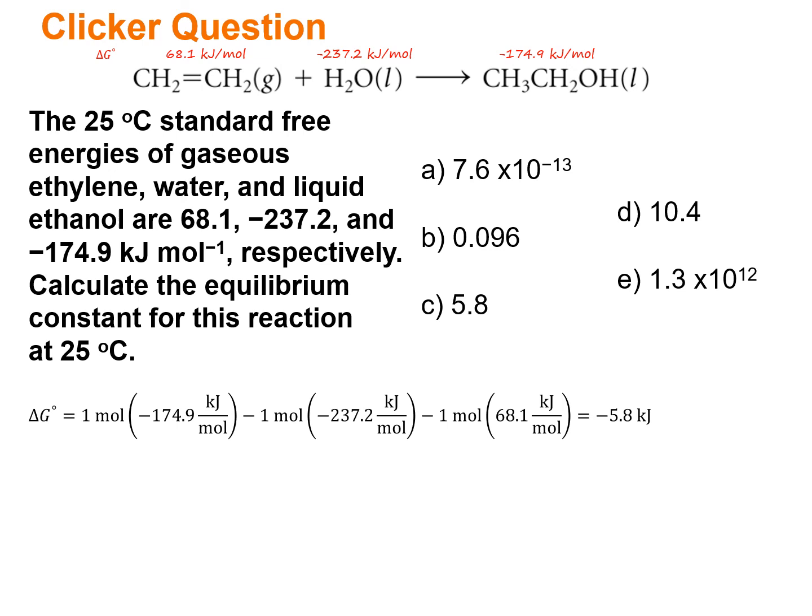Now we can calculate the delta G naught of this particular reaction. Then we do the same thing we did before by calculating K, which is equal to e to the minus delta G naught over RT. Plugging in our values, make sure we are conscious of the minus there. That quantity up top is going to be a positive value, and we end up with 10.4. So that would be D in this particular problem.